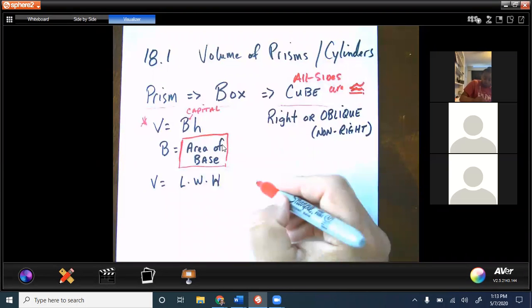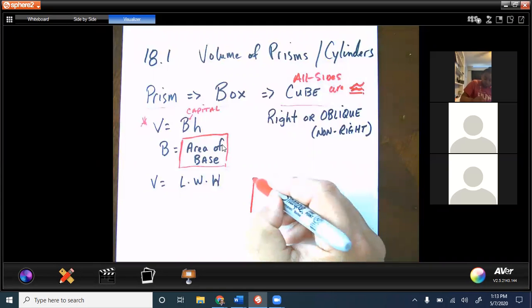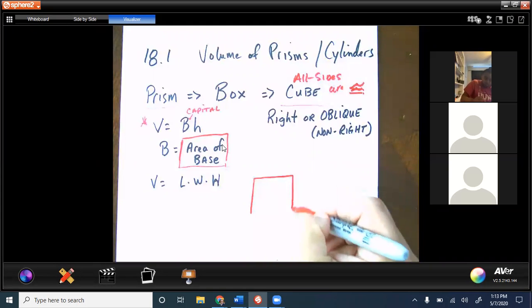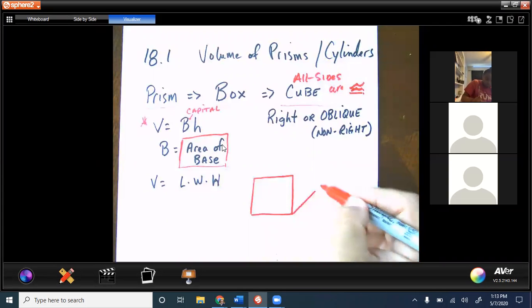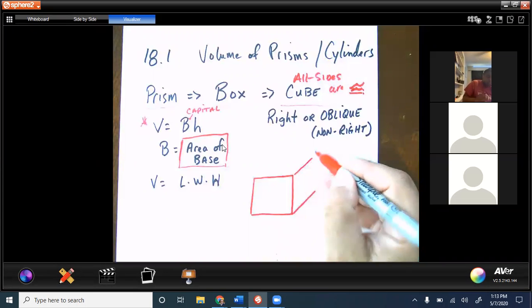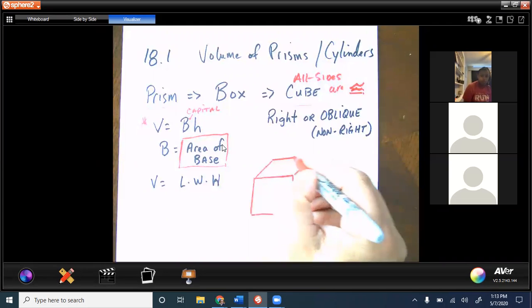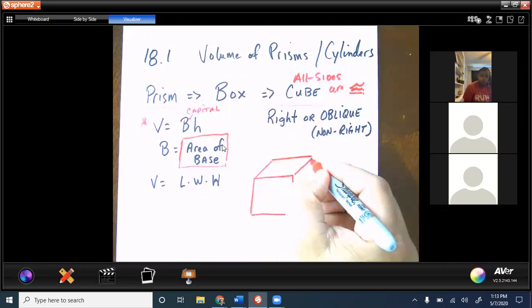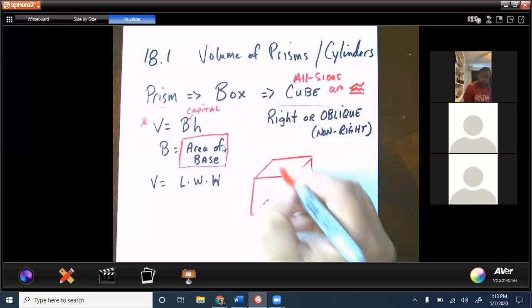In a prism, let me draw one real quick. Now, how many of you just doodling can draw a box? But I kind of like it.